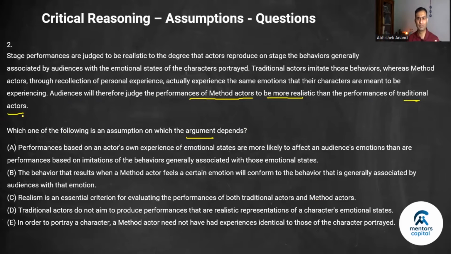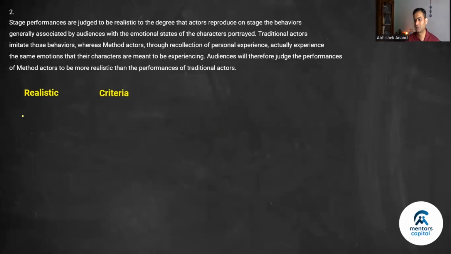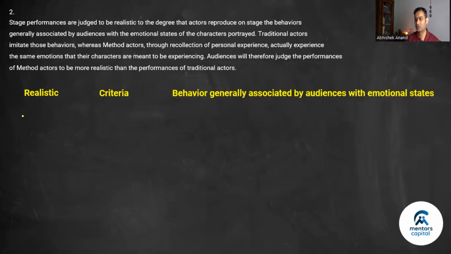Same thing as the nuclear power plant, a criteria must have been given. If you go through the paragraph, a criteria is given to us for a performance to be considered realistic. What is the criteria? Behavior generally associated by the audience with emotional states. So it's not how good you are at acting or how beautifully you are acting. The criteria is the behavior generally associated by the audience.